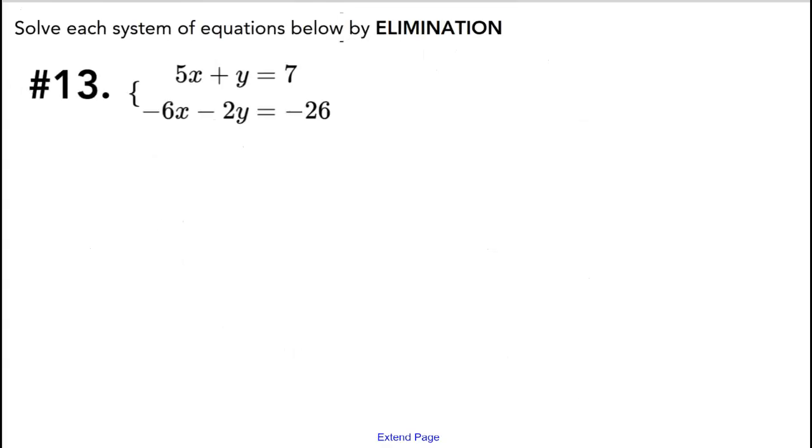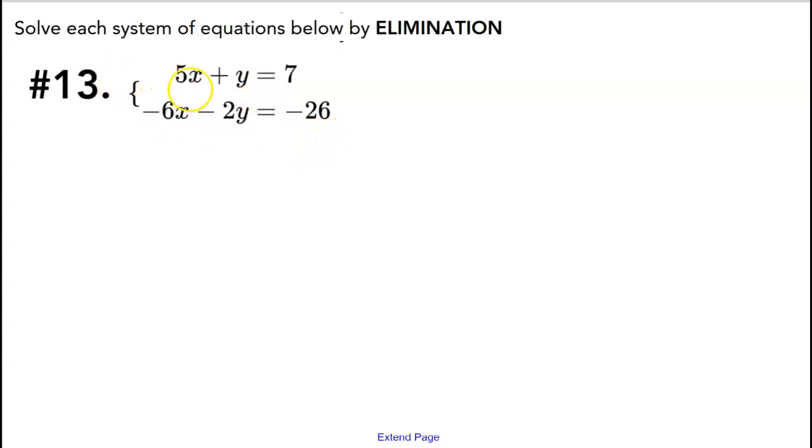Alright, let's look at number 13. Alright, now this one we want to use elimination method. Okay, to eliminate, we have to have the same number with the opposite signs. So it's going to require manipulating the equation so we can get that. Now, I've got the top equation got smaller numbers than the bottom equation.